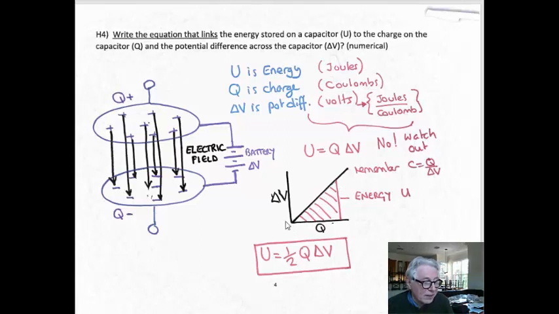The energy is the integral of Q delta V, which is the area under the graph, and so it's a triangle. So it's going to be half Q delta V. Again, learn the equations, but that's where that thinking comes from.